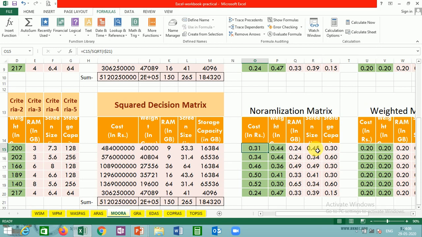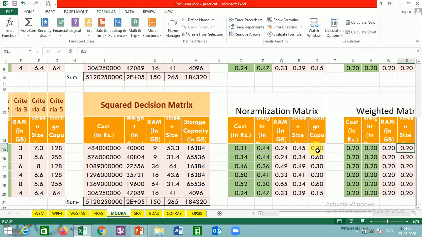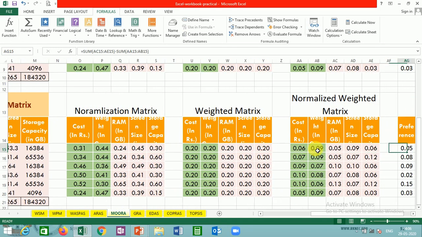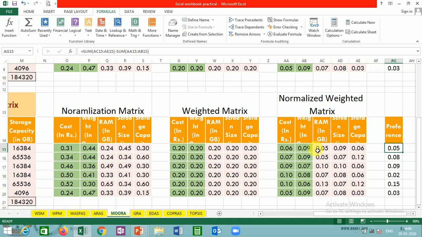In the MOORA method, again we have assumed the equal weighted matrix. Means equal weights are applied to each criterion, and we have got the normalized weighted matrix. For the preference value, there is a slight change in the calculation as per the MOORA method: subtraction of the sum of non-beneficial criteria from the sum of beneficial criteria.